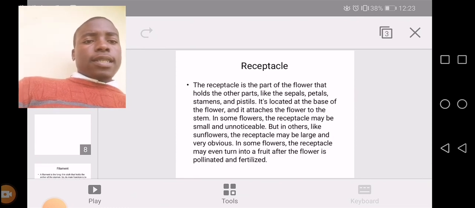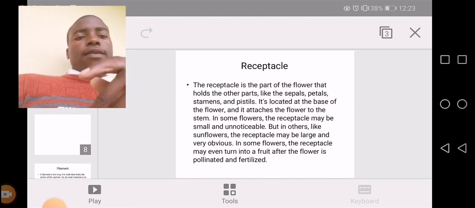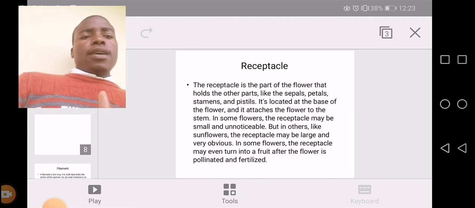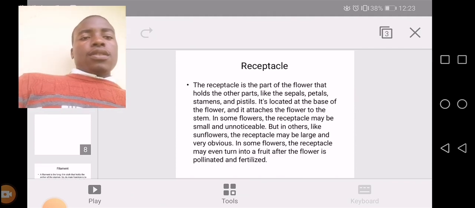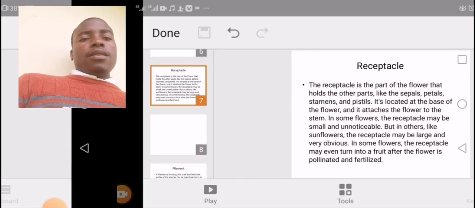In some flowers, the receptacle may even turn into fruit after the flower is pollinated or fertilized. So in some flowers this part is unnoticeable and cannot be seen, but in some flowers it can turn into a fruit. That is its main function.